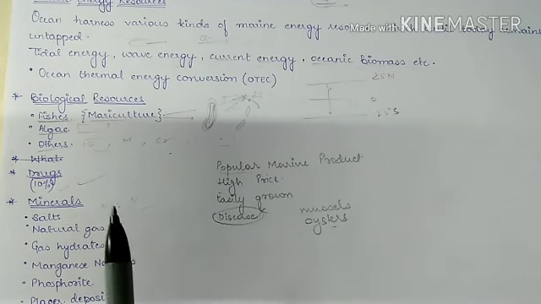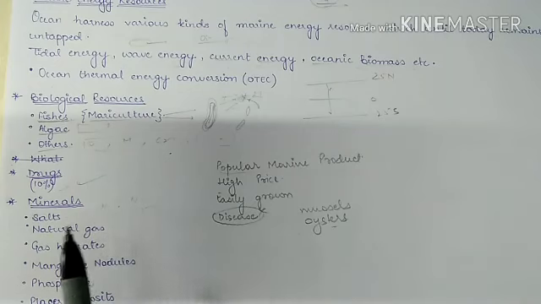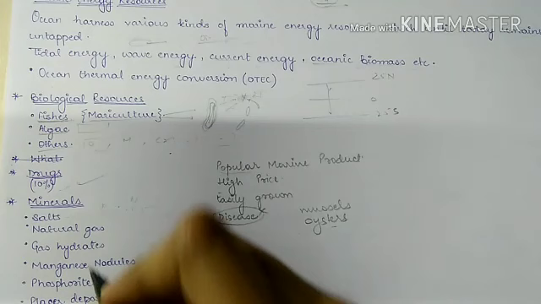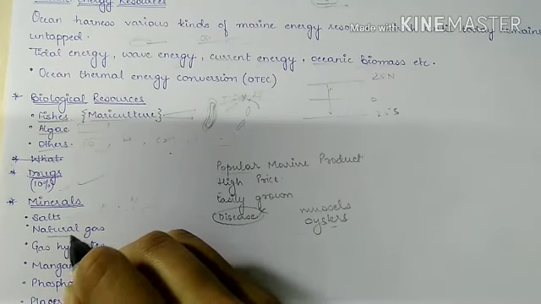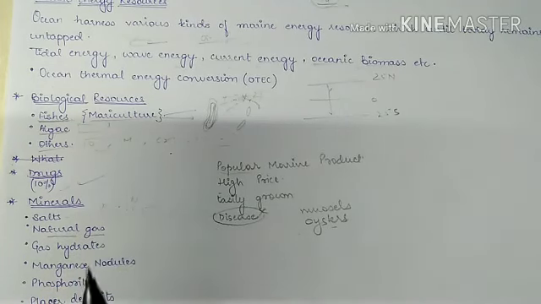Then we have natural gas. Natural gas consists of volatile hydrocarbons which include methane, ethane, propane, and butane, and it occurs in the pores of reservoir rock above the oil.